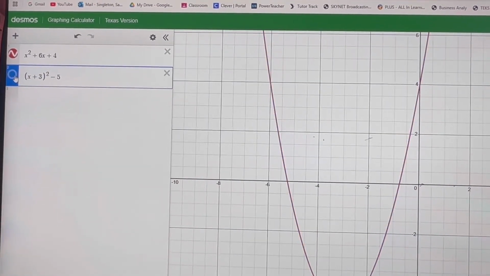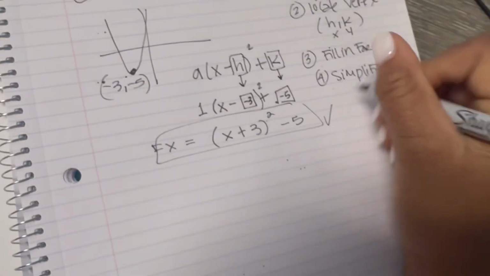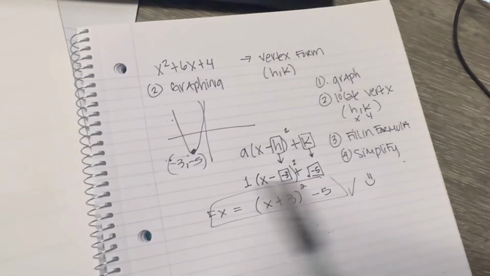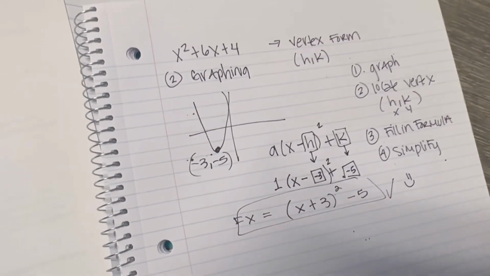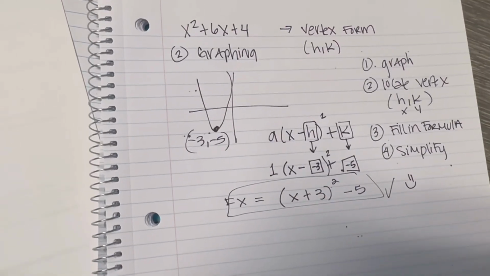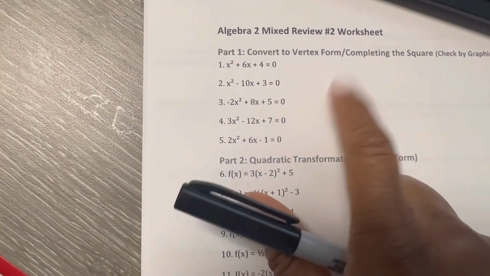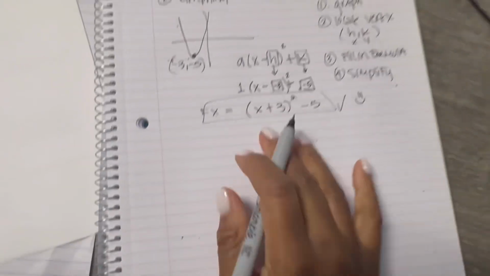Oh, look at that, it's the same. So you did it right. Give yourself a smiley face. This is easier for most people than completing the square, but make sure you do both for this assignment. So you're doing it by hand and then checking it by doing it the graphing way.